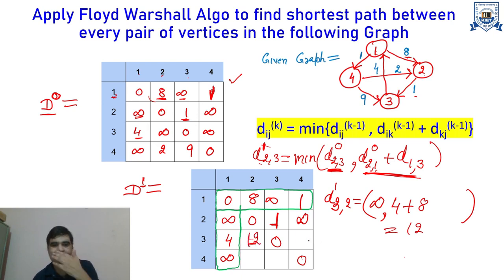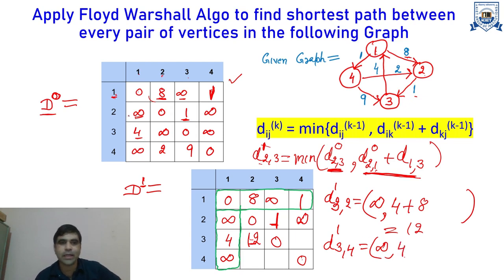Now find out this 3 to 4. When you find out D of 3 to 4 using intermediate vertex 1, first look at what is the direct value between 3 to 4. This is 3, this is 4. So we have an infinity here. Then from 3 to 1 first, 3 to 1 is 4, and then 1 to 4, here we have plus 1.